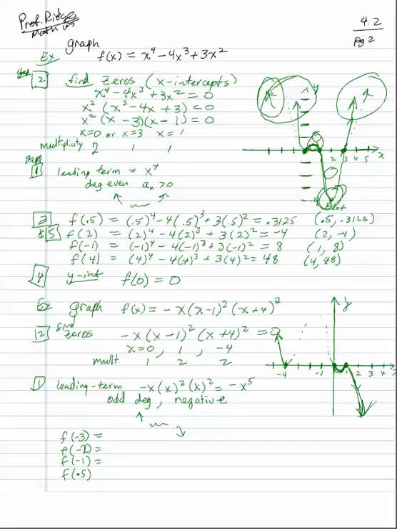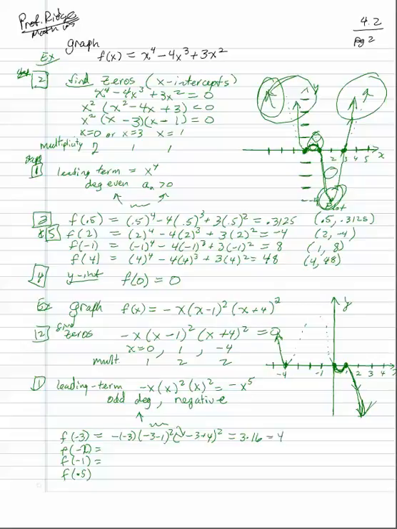So if I did f of negative 3, plug it into my function, I get 3 times 16 times 1.